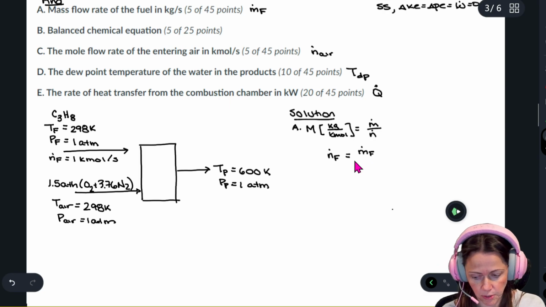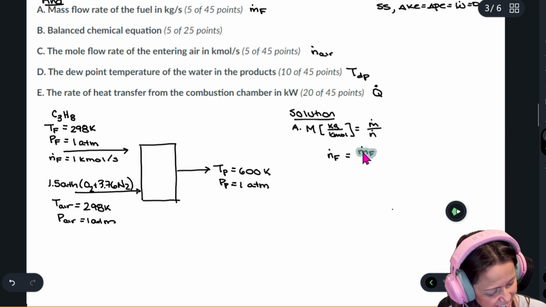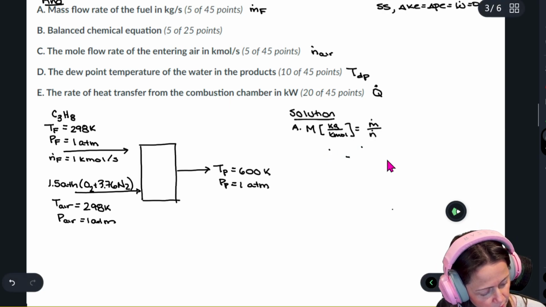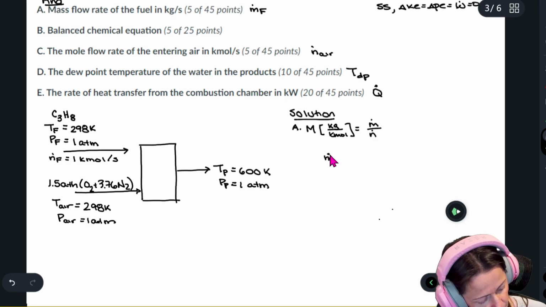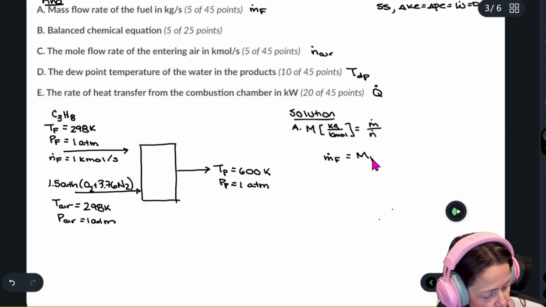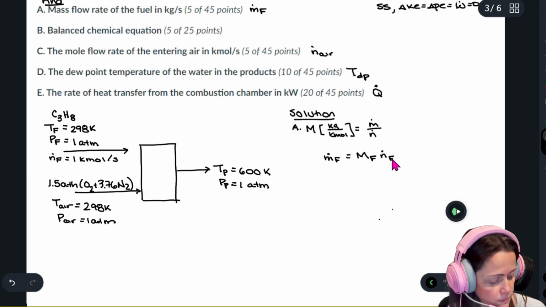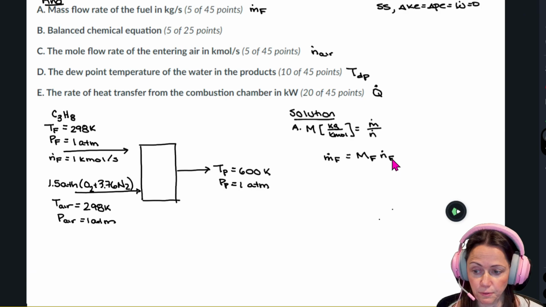Oh, I'm sorry, I'm not solving for the molar flow rate. I already have that. I need the mass flow rate. So my m dot of the fuel is going to be the molar mass of my fuel times the molar flow rate of my fuel.